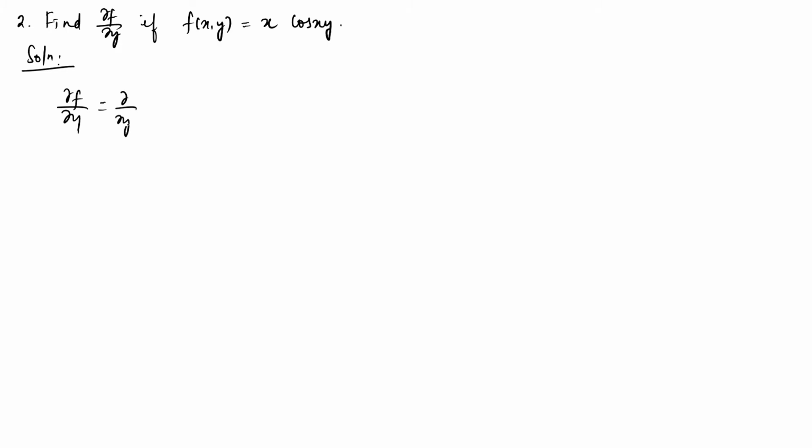So del upon del y is applied to this function. When you are about to differentiate with respect to y, we will treat x as a constant, so we take it outside. Then del upon del y of cos xy. When you differentiate cos, what would you get? Minus sine xy.